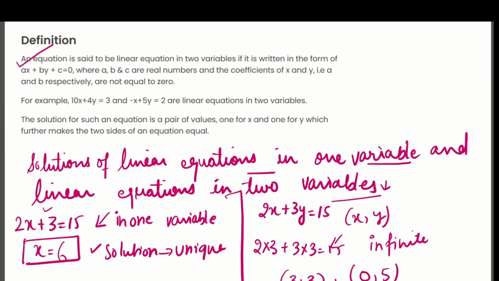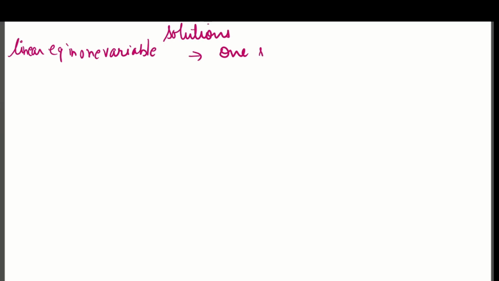If somebody asks you how many solutions there are for a linear equation in one variable, there is only one solution, and that solution is unique.